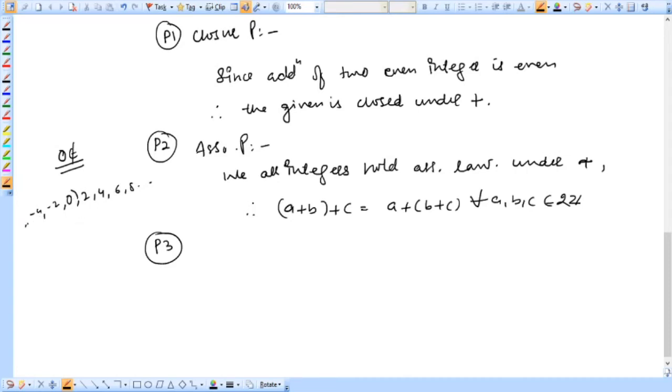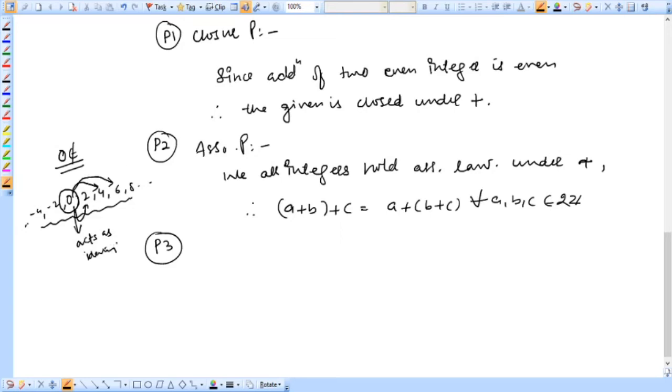So we have an element such that when it is added to 2 we get back 2, when added to 4 we get back 4, and when added to any integer of this set we get that integer again. This will be acting as identity.